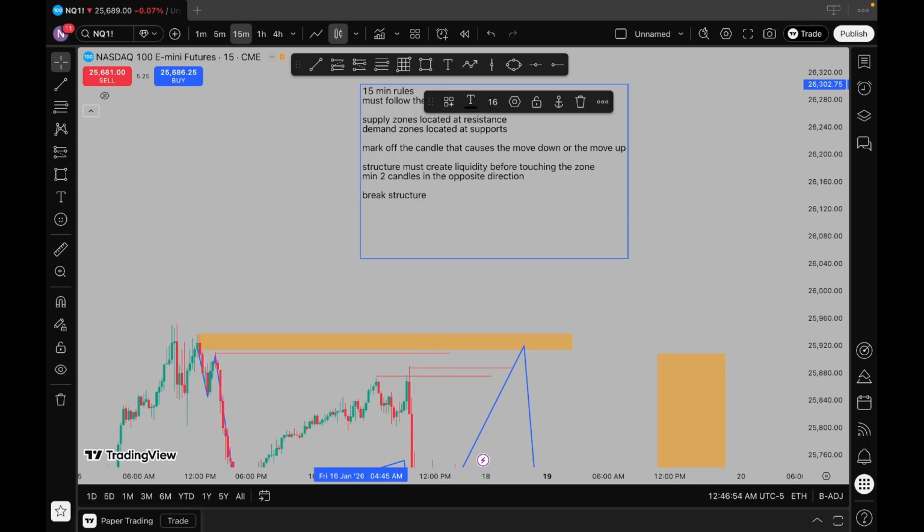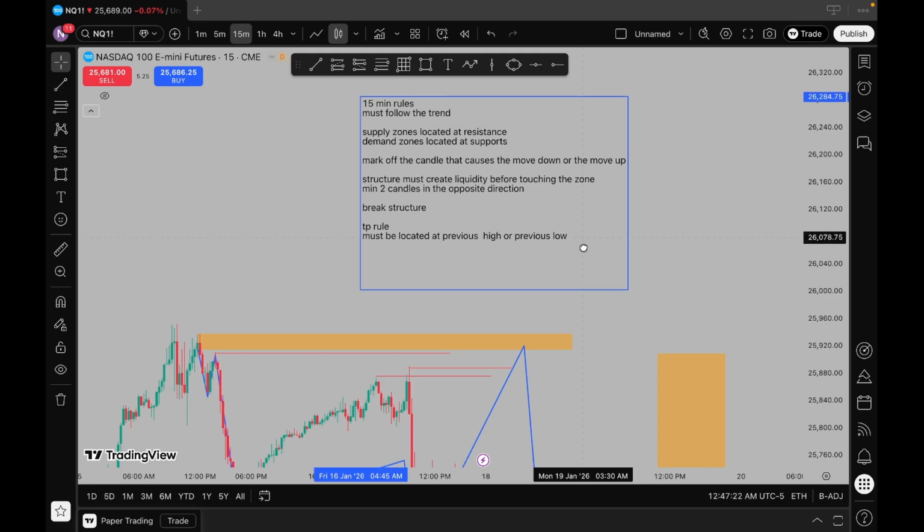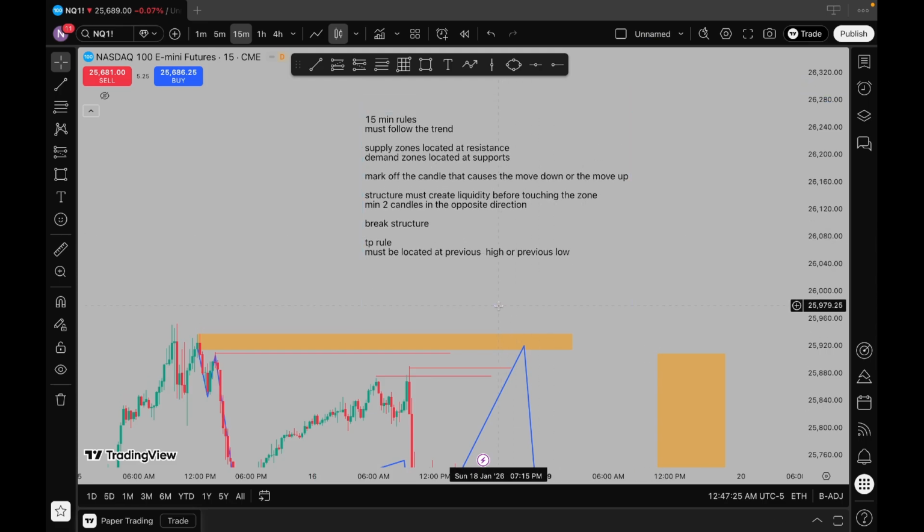And then your take profit rule, TP rule, must be located at previous high or previous low. That's spelled previous, right? Yeah. Okay? So these are the only rules.